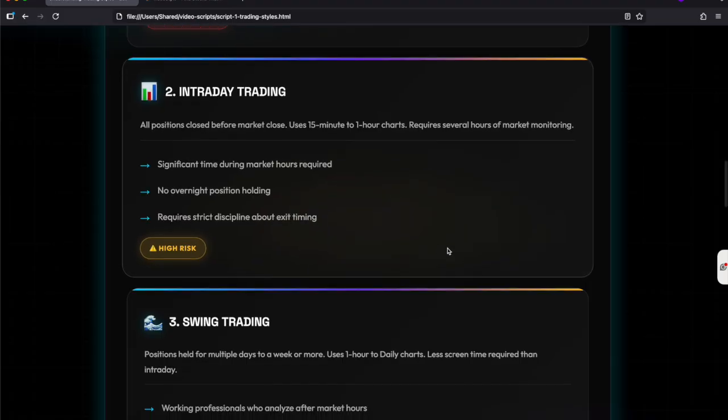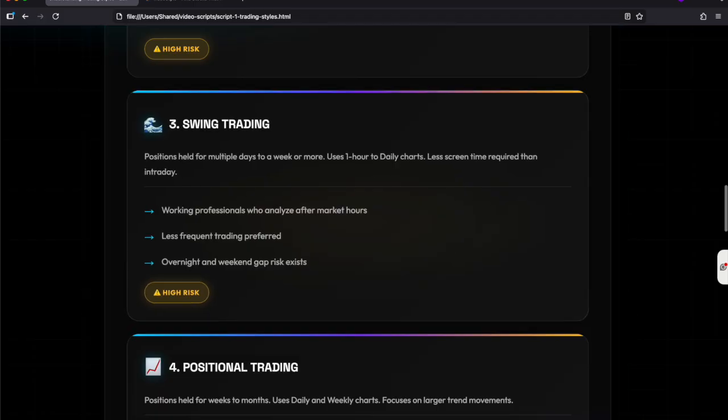Now the next one is swing trading, and here the position is held for multiple days to a week or more. It uses medium term charts like 1 hour to daily charts and requires less screen time than intraday.